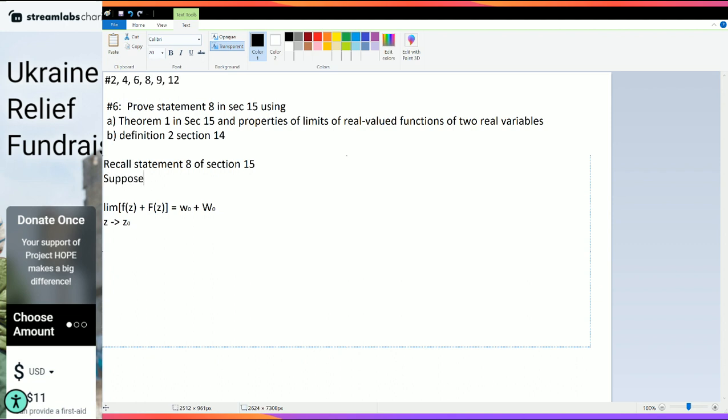Suppose the limit of f of z equals w naught.